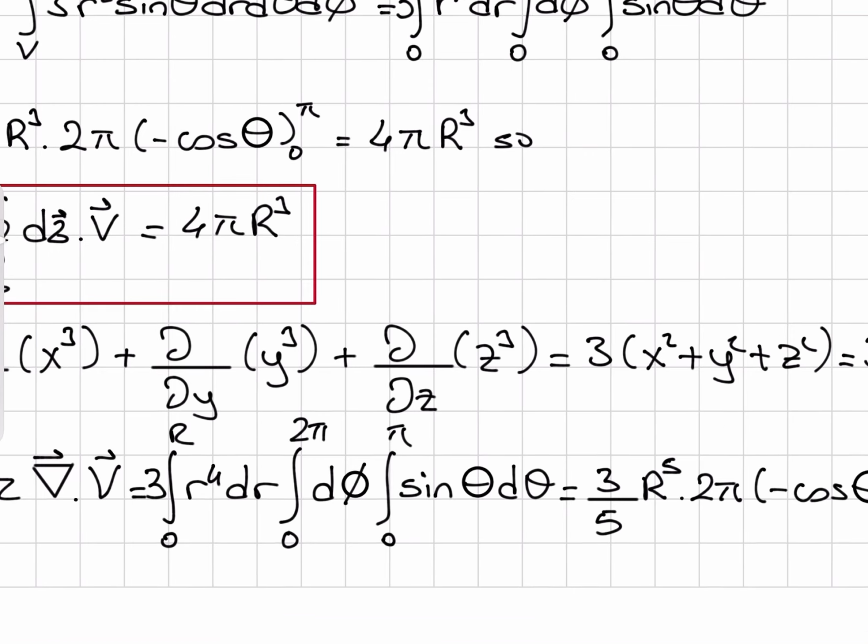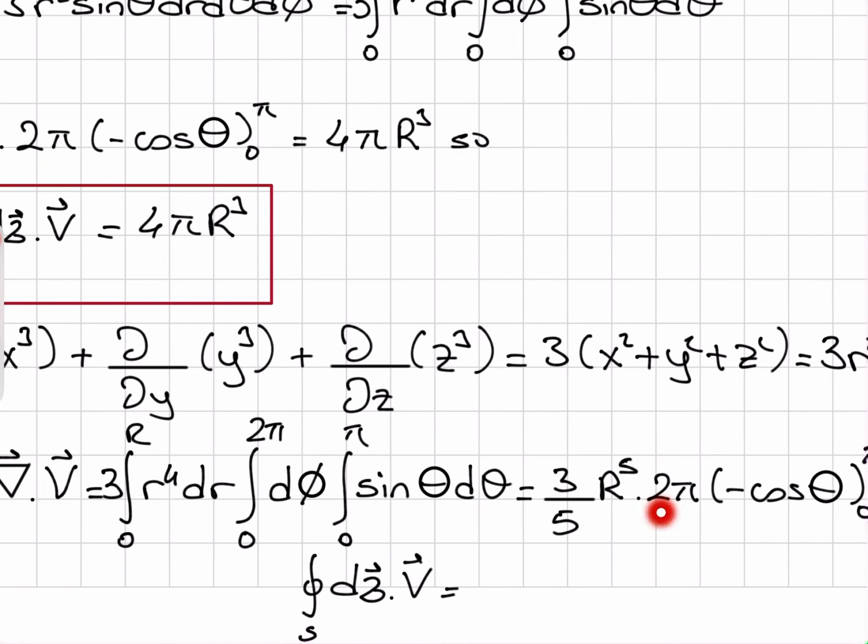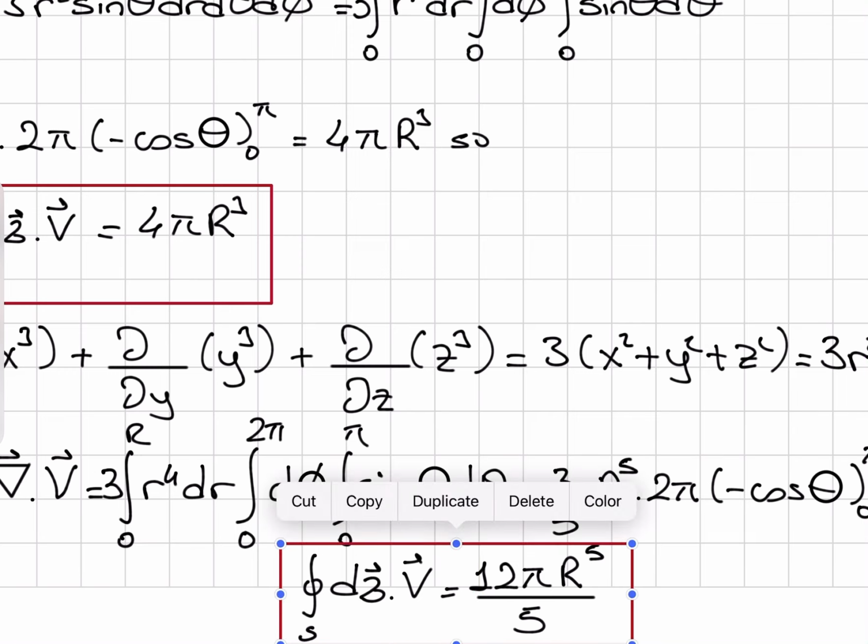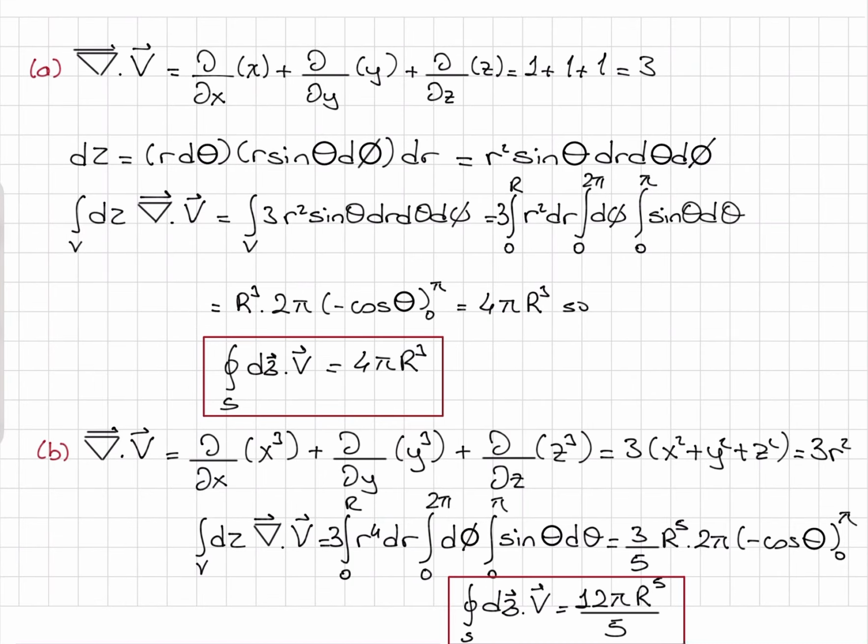So my final answer for the closed surface integral of d sigma dot v will be, with a factor of 2 here, 4 times 3, 12 pi capital R to the 5th power divided by 5. This will be the answer to part B.